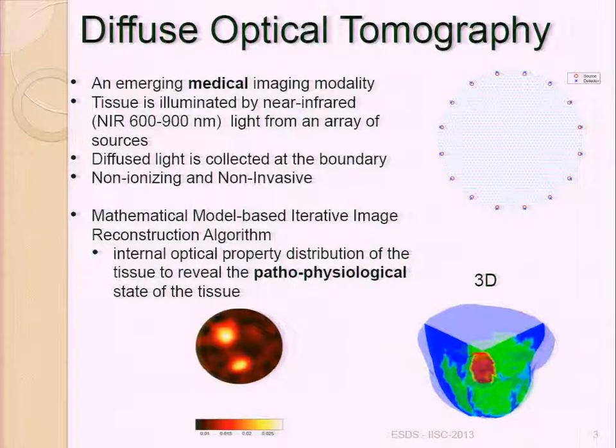Once we collect this boundary data, we use a mathematical model to reconstruct what is inside. The advantage of this medical imaging modality is that it gives the pathophysiological state of the tissue. And one more thing is we can do both 2D and 3D imaging.